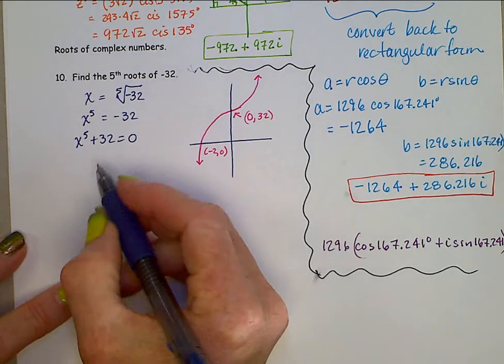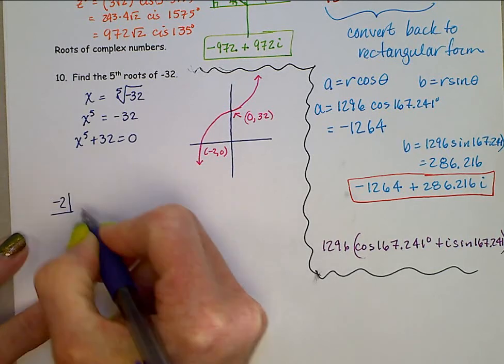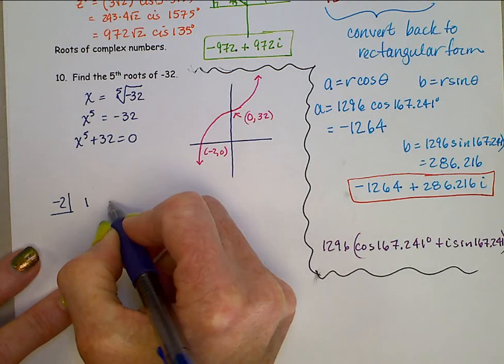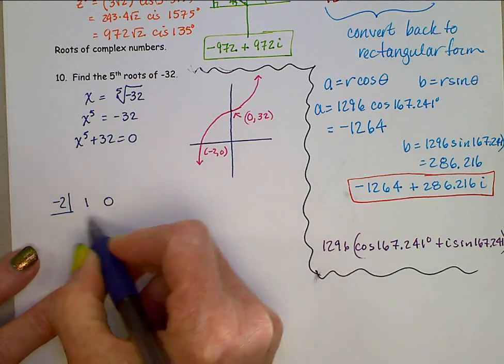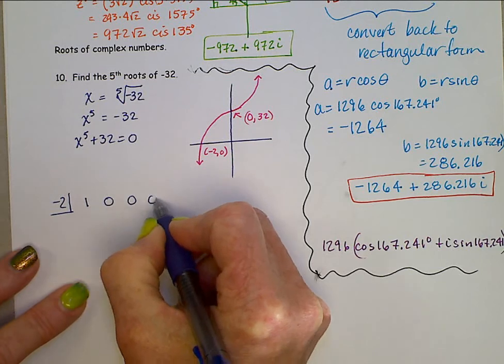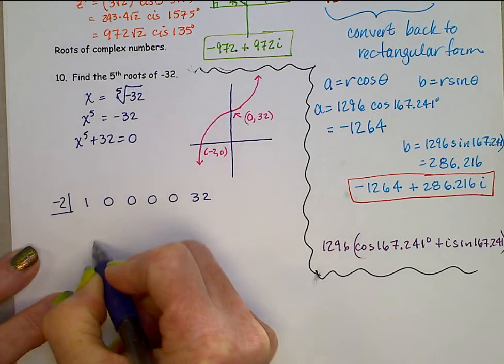We could do a synthetic division with that negative 2 to see if there are any other zeros that we might find. So let's see, x to the fifth, x to the fourth, 0x cubed, 0x squared, 0x, and then a 32. Remember the synthetic division?